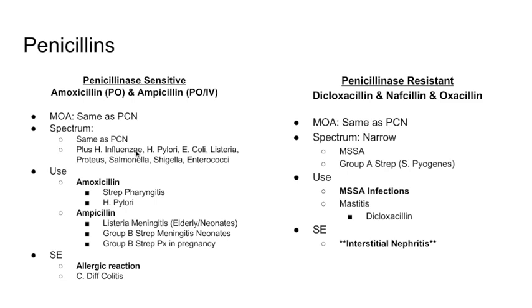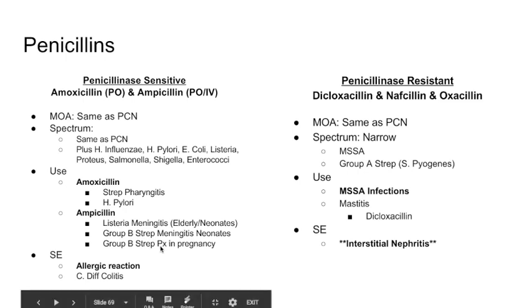So Haemophilus influenzae, you also get some H. pylori, E. coli, Listeria, and a lot of the enteric gram-negatives. Amoxicillin is used for strep pharyngitis and H. pylori. Ampicillin is mainly used for Listeria meningitis, and also group B strep, so either meningitis in the neonates or prophylaxis in pregnancy.